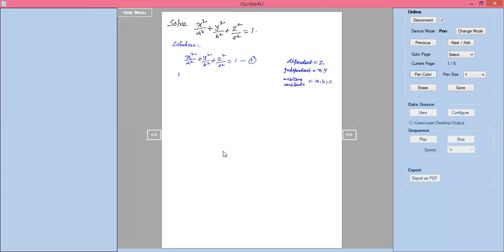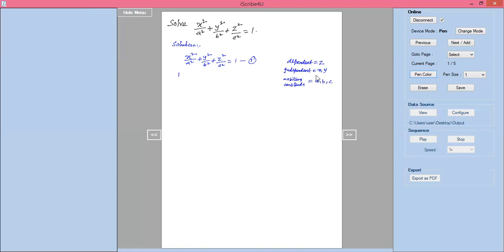Here the number of arbitrary constants is more than the number of independent variables. Arbitrary constants should be 3, independent variables should be 2. So the solution should not come in first order. It will go for the second order. That means we have to differentiate with respect to x twice and with respect to y twice.